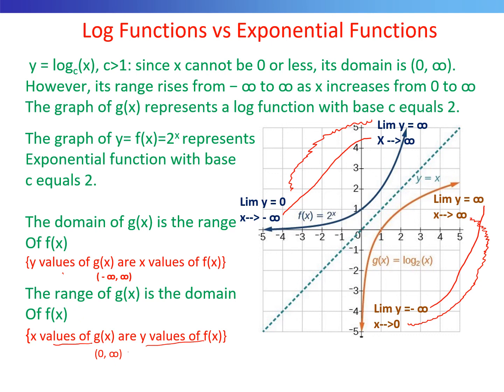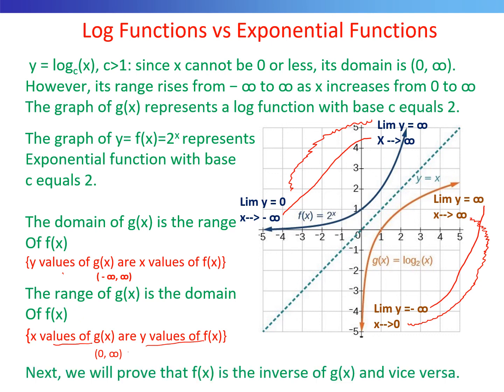What's next for us is we have to prove that f of x is the inverse of g of x. That means we have to prove that the exponential is the inverse of the logarithmic.